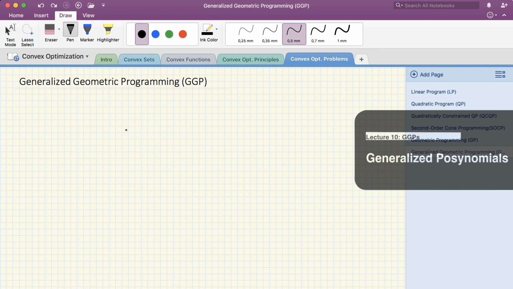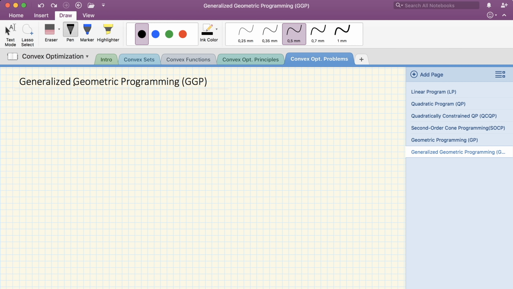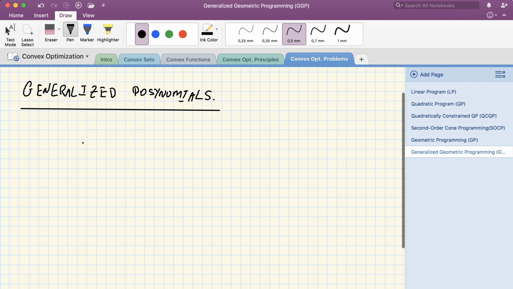So before we define what a GGP is, similar to the previous lecture, we have to introduce some mathematical functions that have to do directly with the problem. We're going to define something called generalized polynomials. So as a quick reminder, a polynomial is a sum of monomials.